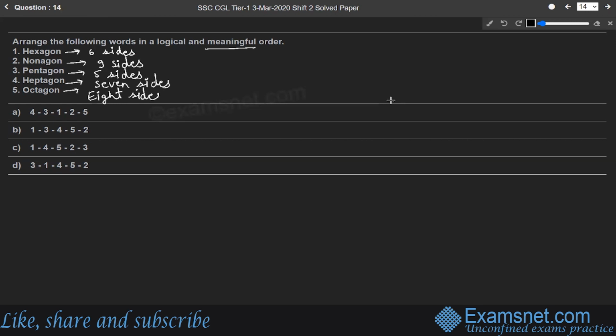So all these are polygon figures. Now we have to arrange them in ascending order. So ascending order will be from smallest to largest. So the smallest figure is pentagon, which consists of 5 sides.